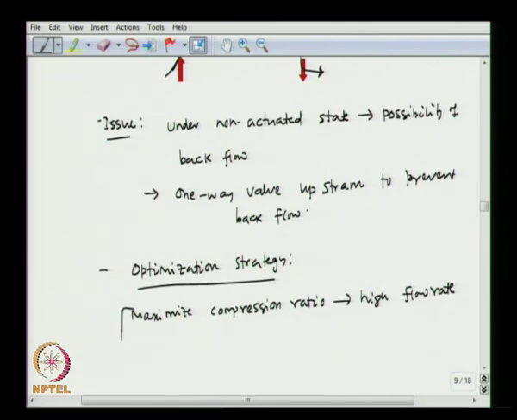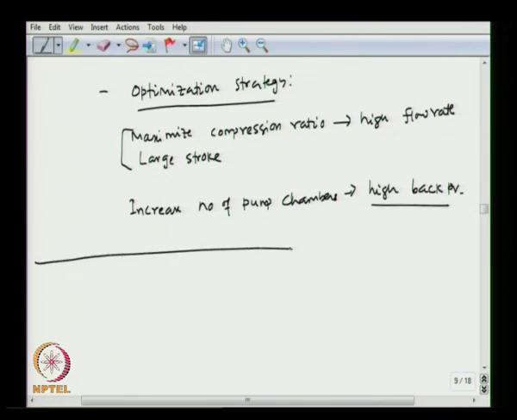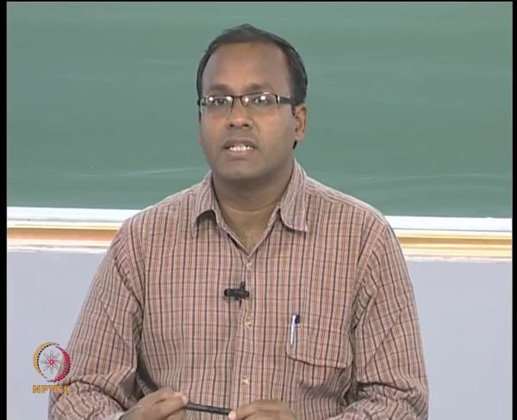This, together with a large stroke, would give us the high flow rate, and we also need to increase the number of pump chambers. That would give you a high back pressure. Okay, so with that let us stop here.